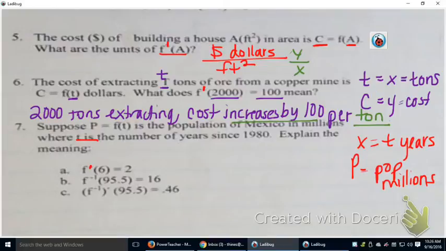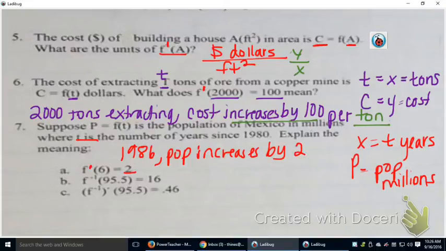We have F prime of 6 equals 2. 6 is the X, so 6 is years. So we're saying 6 years since 1980, or in 1986. Population, which is Y, increases by whatever the Y is, 2 million per year.